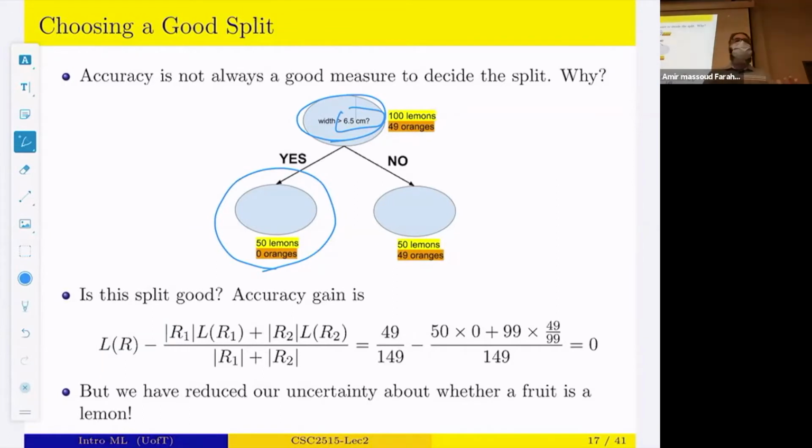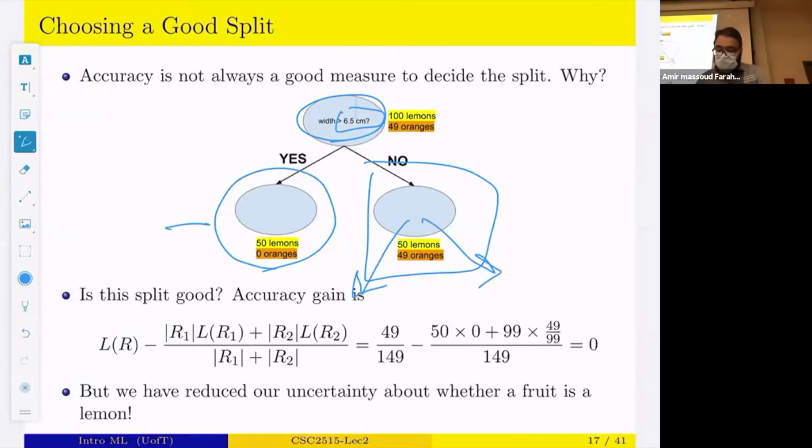Intuitively, this may sound like a good split, because by doing that split, we don't need to worry about that region anymore. For the next split, we can think about how to split the other region later. But at least for this one, we don't need to be worried about the quality of our decision, essentially.